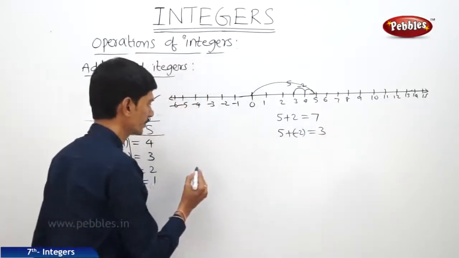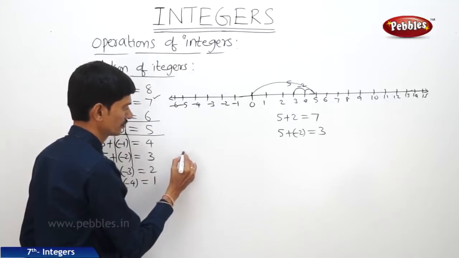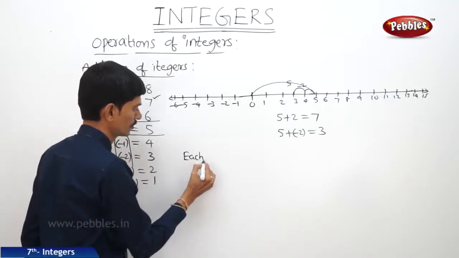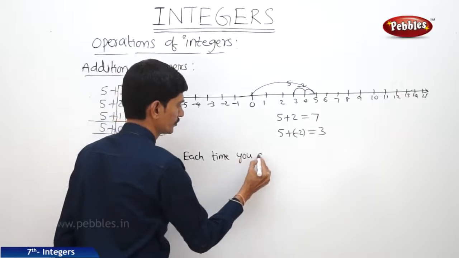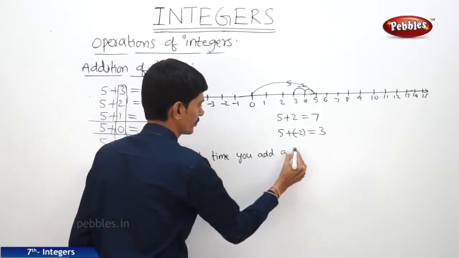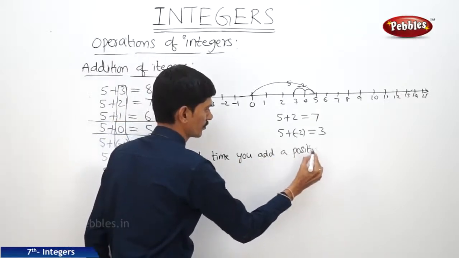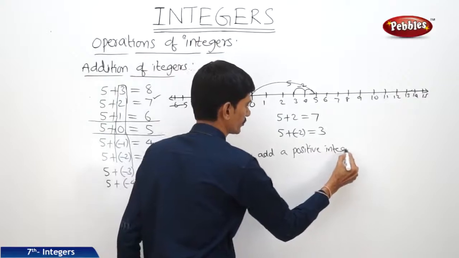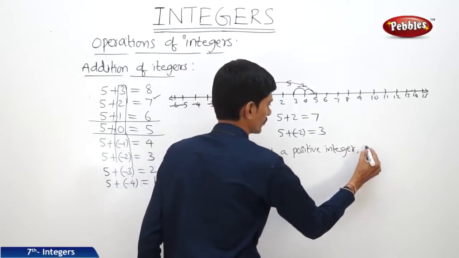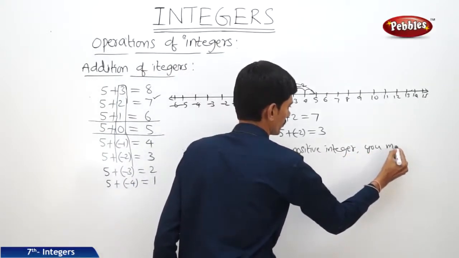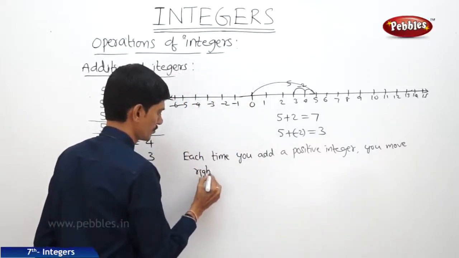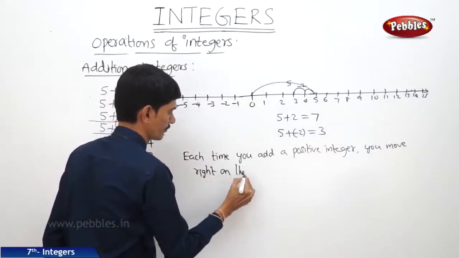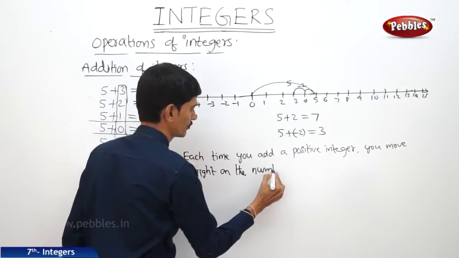So we can write the property that each time you add a positive integer, you move right on the number line.